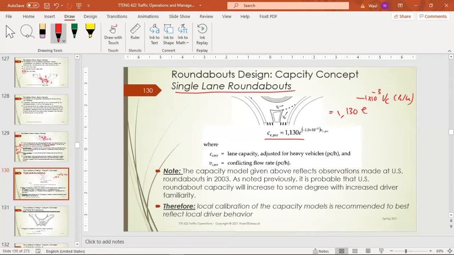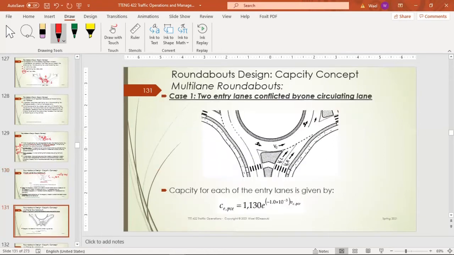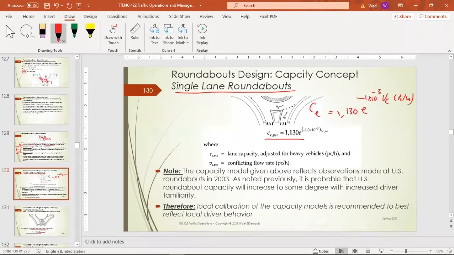So that's the capacity of entry. In case of two entry lanes and only one conflicting lane, the capacity for each entry lane is the same as the one here.